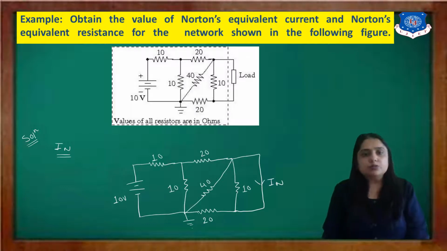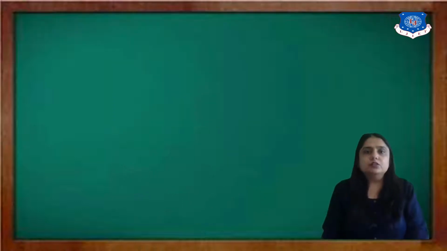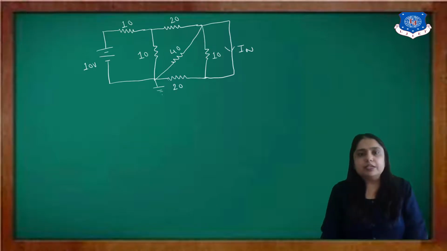Here the 10 volt source is as it is, and all the resistances, that is 10 ohm, 10 ohm, 20 ohm, 40 ohm, 10 ohm, are as they are. Just instead of the load resistance, I do the short circuit, and now I have to find this current IN. So this is my network.